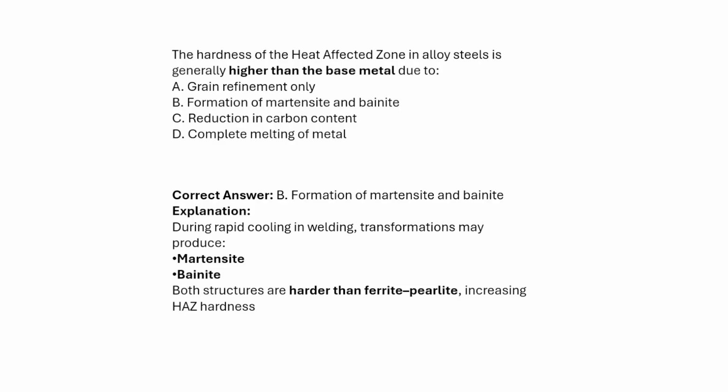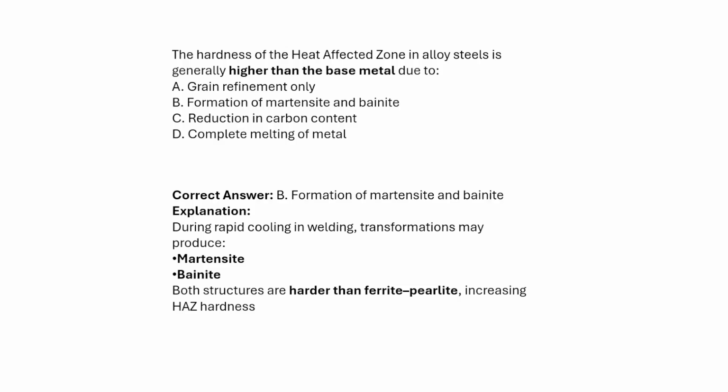The hardness of the heat affected zone in alloy steel is generally higher than the base material. Due to why? As we have discussed, hardness increases in the HAZ when faster cooling happens in the case of steels. The gamma phase, partially or fully, may convert into the martensitic phase.